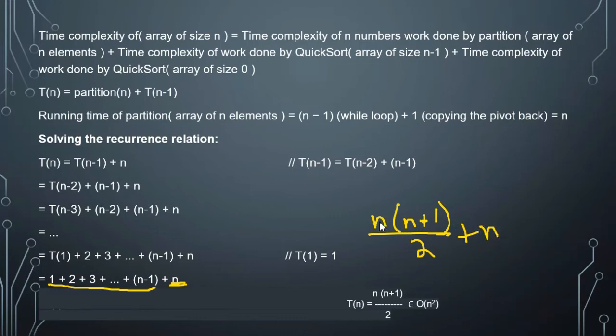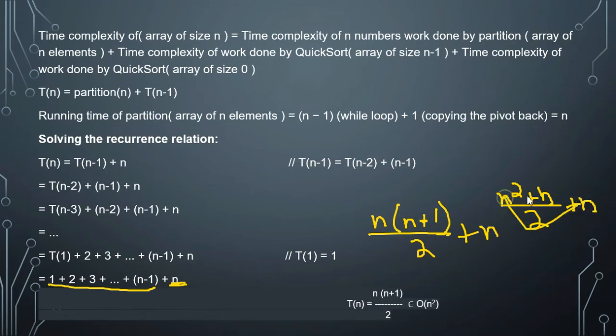Now if we multiply this n into the bracket, it becomes (n square plus n) over 2, plus n.